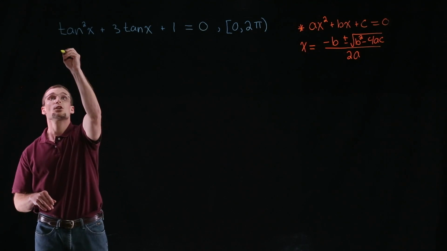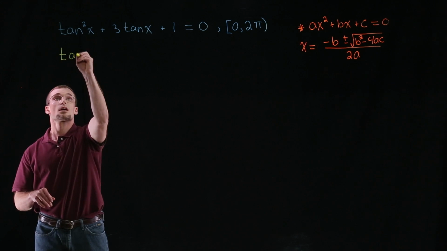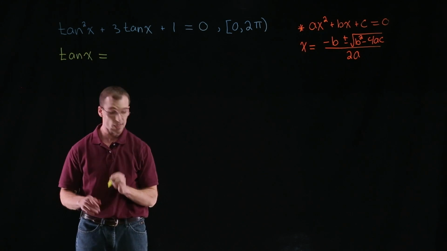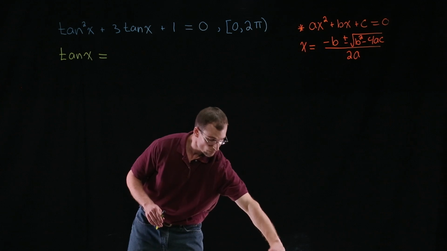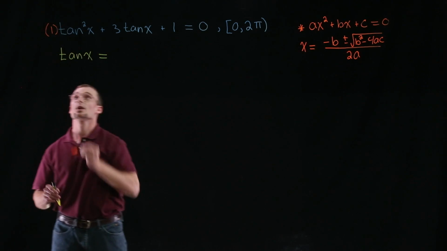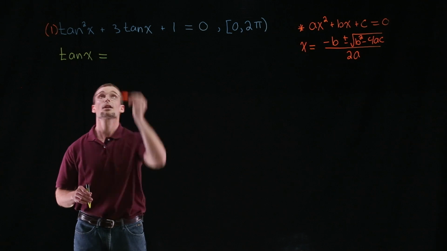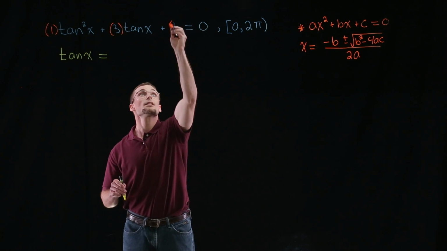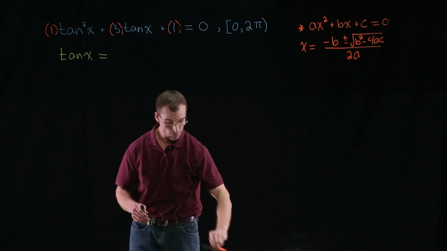So we can solve this. So tangent x is going to be equal to, first looking at our coefficients, we have a 1 times tangent squared in front, b 3 times tangent, and c equal to 1 on the end.